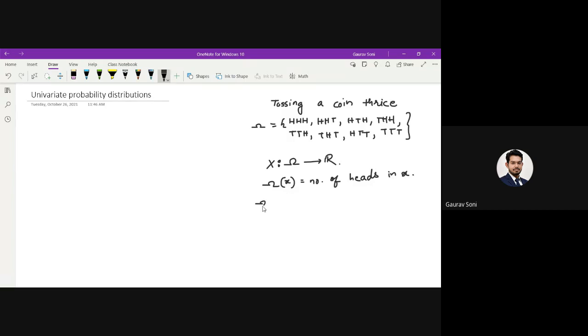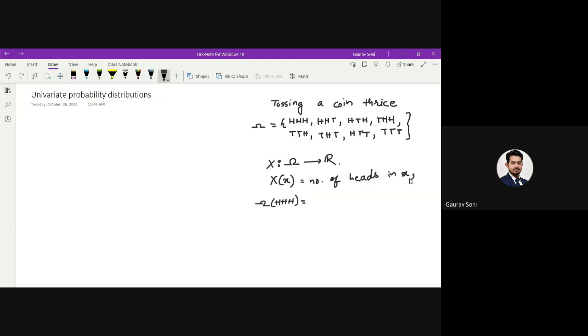Oh, sorry, I've written this wrong. It has to be capital X of small x, the number of heads in x.